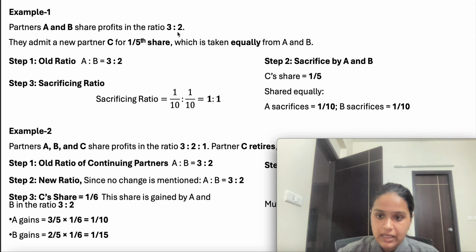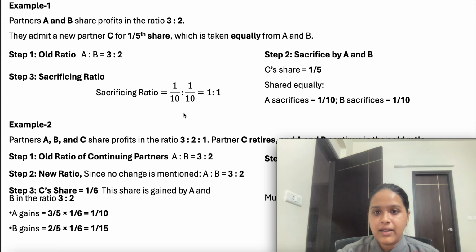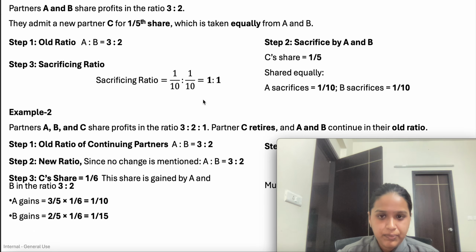So what is the sacrificing ratio of A and B? It is 1:1. Or you can calculate the new ratio and old ratio, and then subtract the new ratio from the old ratio. The answer will be the same.